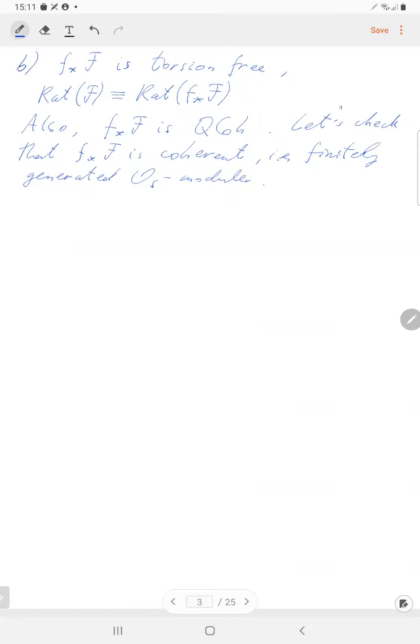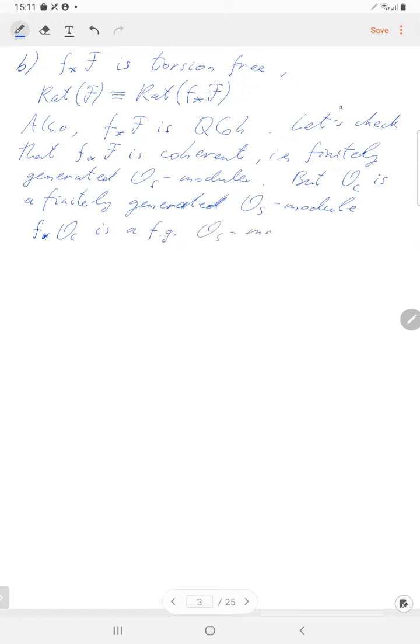This is also clear, since the direct image of OC is a finitely generated OS module, since F is a finite morphism.